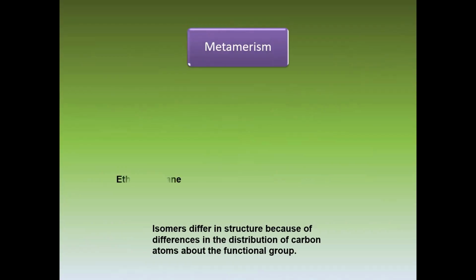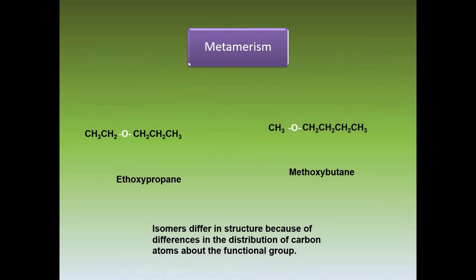Similarly, metamerism. Metamerism is a type of isomerism in which you will notice that the functional group is the same, but the chain across the functional group, the chain length, is different in different isomers. For example, look here. This ether is called ethoxypropane, and this ether is called methoxybutane.